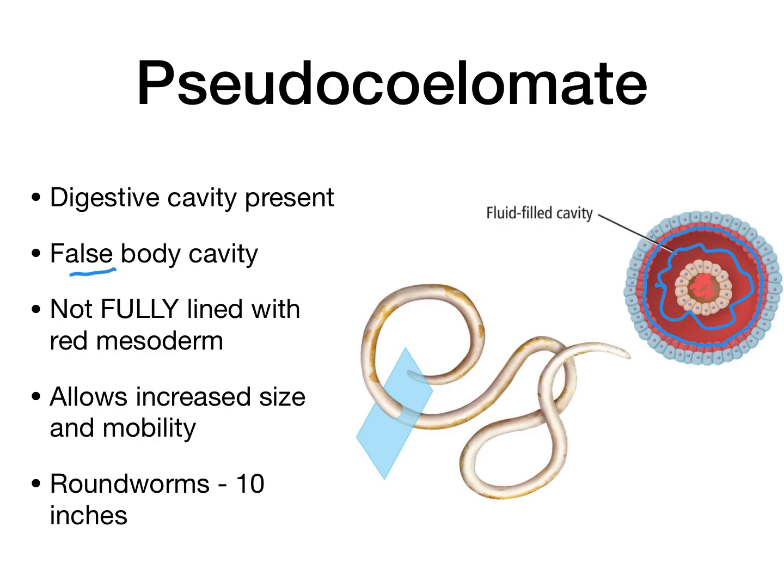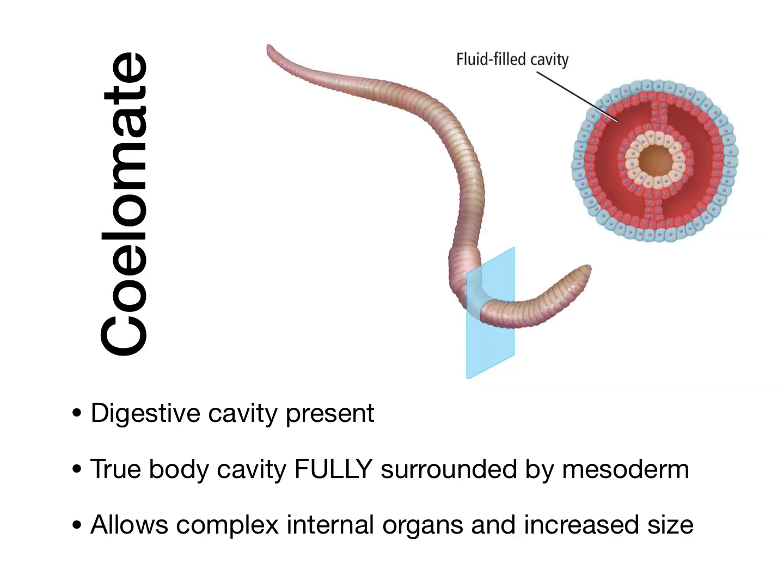So it's defined as a false cavity. What this cavity allows is increased size and mobility. This is a roundworm. Many roundworms are very small, but they can get up to 10 inches in size, which is a significant increase.